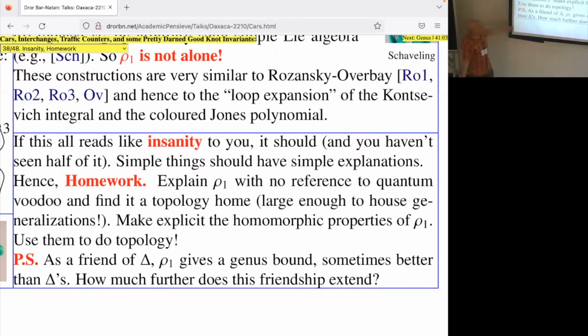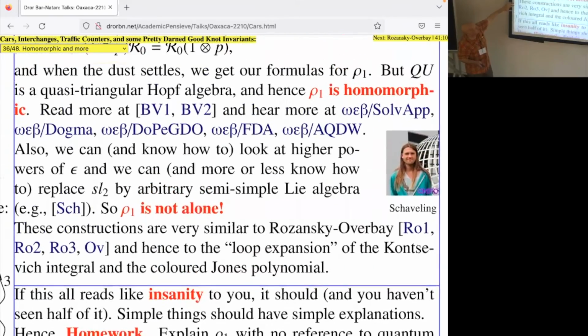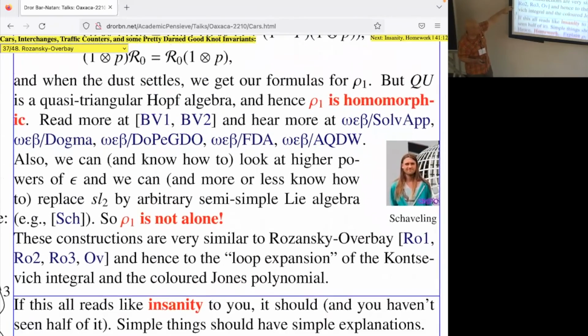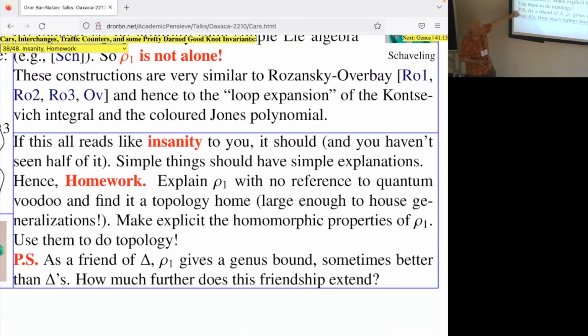So homework, find that topology home, and also, well, I didn't tell you how, but the quantum algebra nonsense explains that row 1 is homomorphic. So make these properties explicit at the level of row 1, and then use them to do topology.